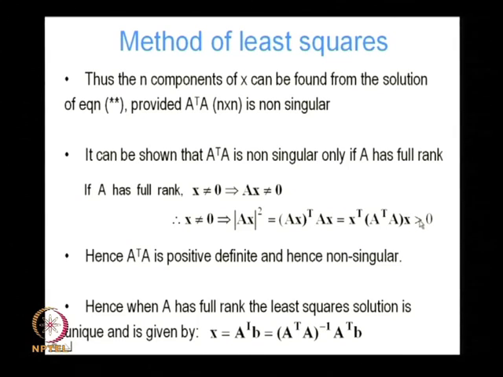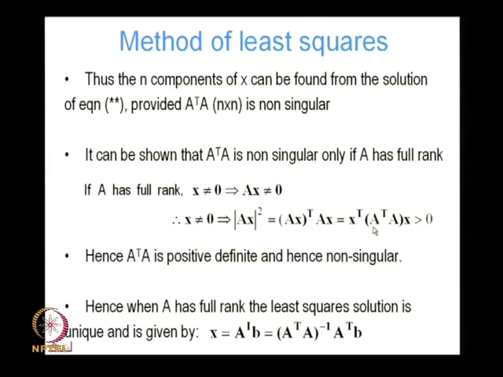What does this mean? That means that if A is non-singular, A transpose A is positive definite, because this is the criterion for positive definiteness. What is the criterion for positive definiteness? Any vector x transpose times the matrix times that same vector is going to be greater than 0.